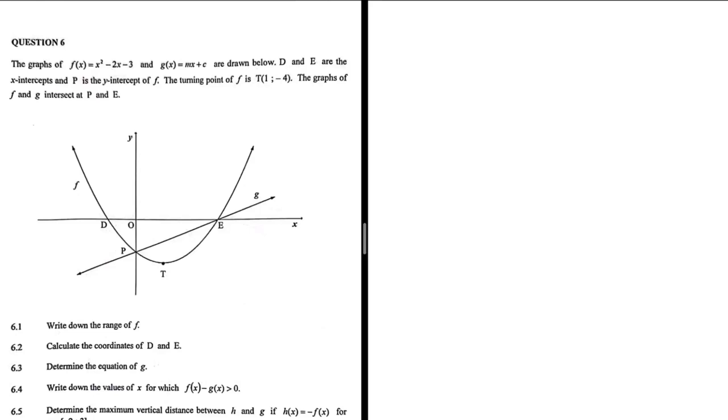Write down the range of f. f is given by f of x equals x squared minus 2x minus 3. And we're given the sketch right here in front of us. We have the coordinates of T, which is the turning point of f of x. The coordinates of T are 1 and minus 4.